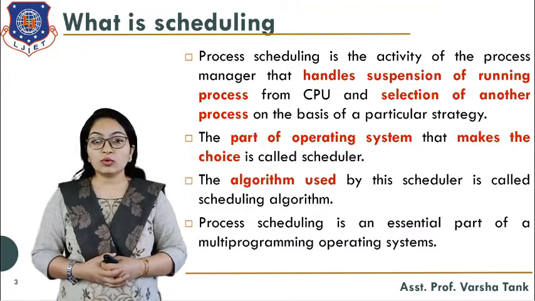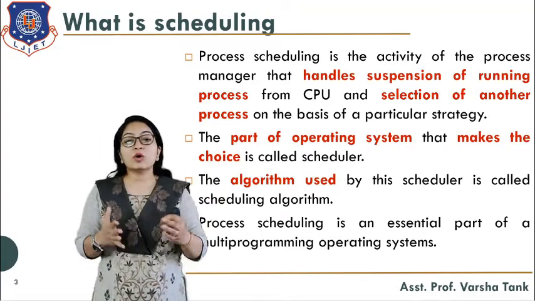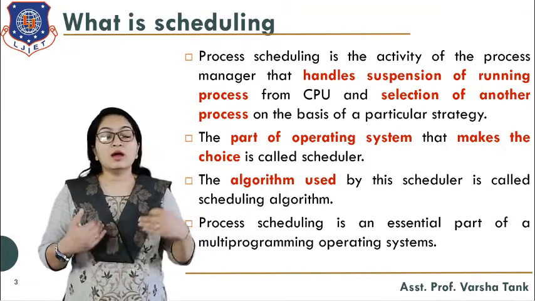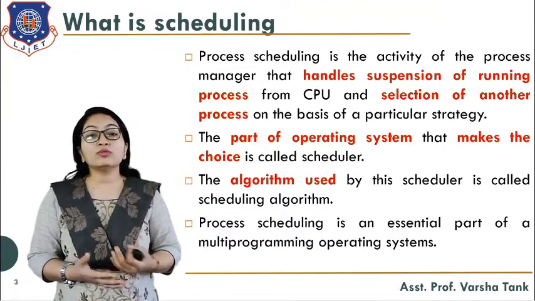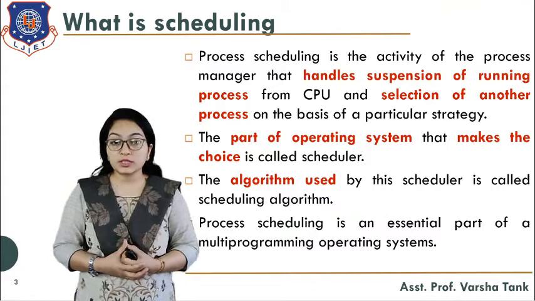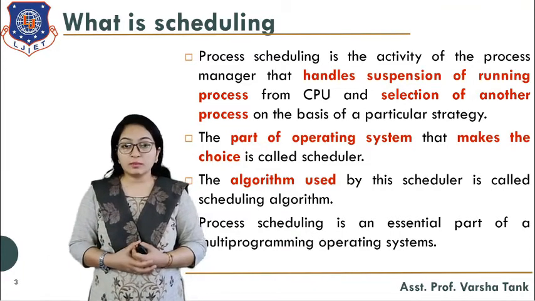So exactly what is the role of process scheduling? To schedule the process. That means the process that is now running, we have to stop its execution and select another process for execution. There may be a number of reasons.